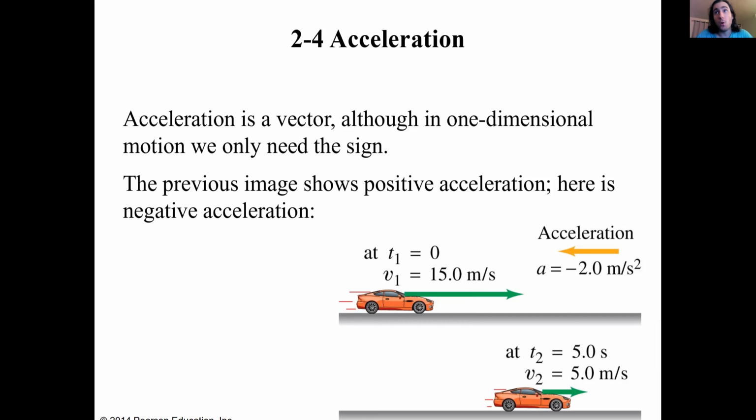Now, one important thing to note is that in the case of a car, slamming on the brakes is obviously going to be a negative acceleration relative to your velocity, okay? However, there are many cases in which an object with a negative acceleration that has a positive velocity will eventually turn around and start moving in the opposite direction.